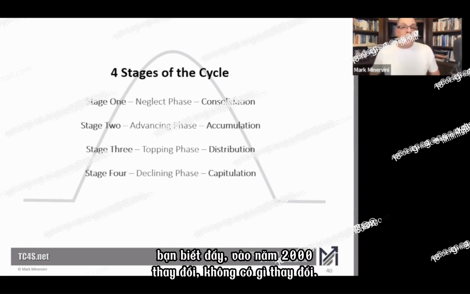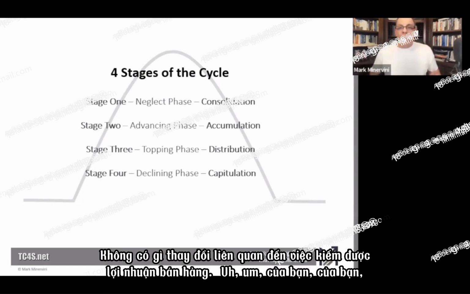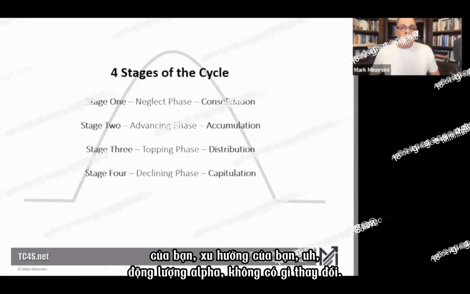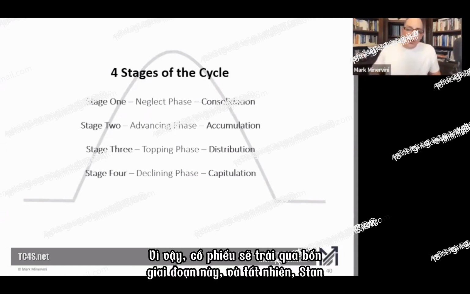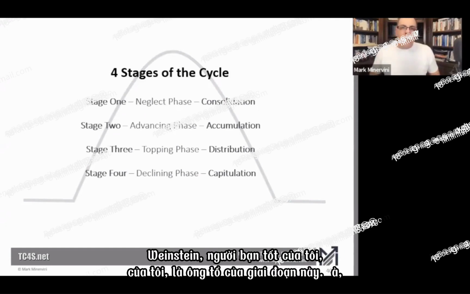Nothing's changed with regard to earnings, sales, margins, trend, momentum, alpha. Nothing's changed. So stocks will go through these 4 phases, and of course, my good friend Stan Weinstein is sort of the grandfather of this.